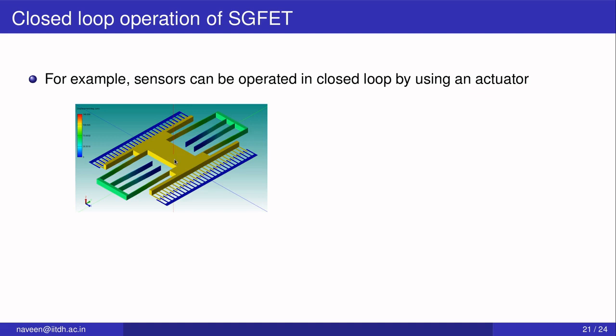Essentially, whenever there is an acceleration, the gate moves in one direction, and you can detect that motion in circuits and then construct a closed loop feedback through actuators to generate actuation voltages to these actuator combs, which will bring the gate back to the original position. This will essentially bring all the advantages of closed loop systems over open loop systems to these kinds of sensors. So you can even design and simulate these kinds of sensors and evaluate the performance.